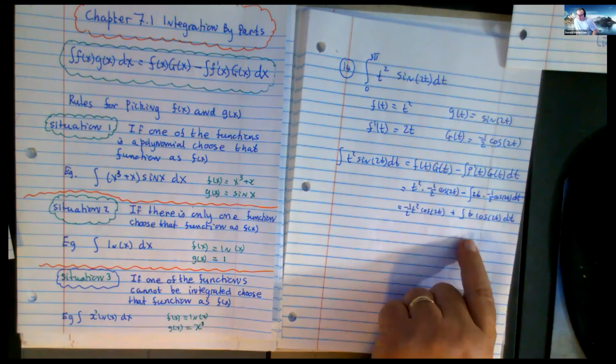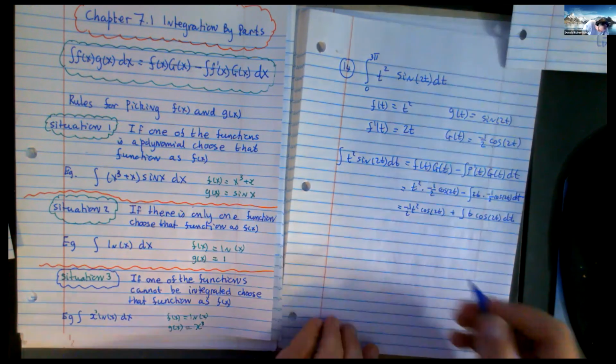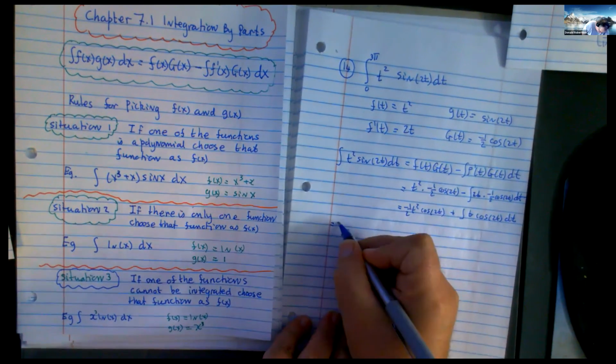Would you agree we just have to do integration by parts a second time? And f of t will be t and cosine 2t will be the g. So it's going to need some more room, so it's going to be over here.